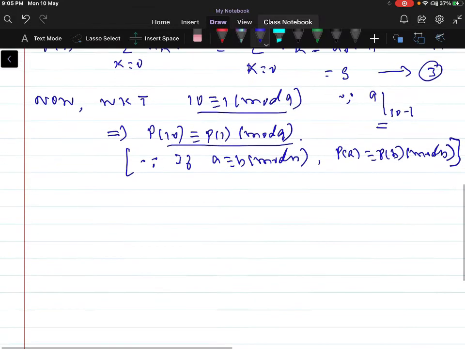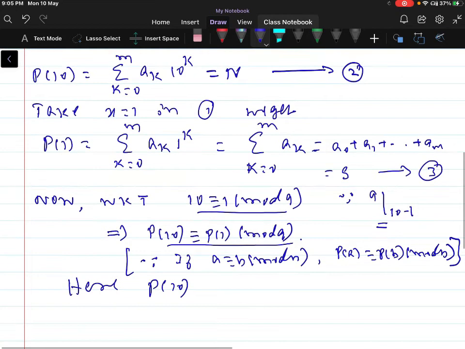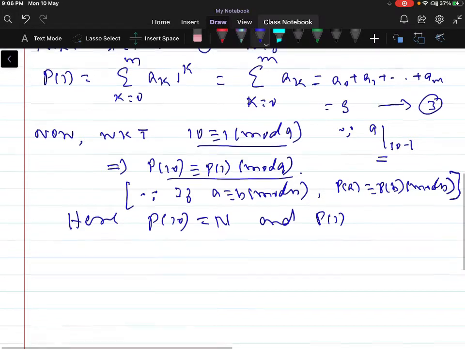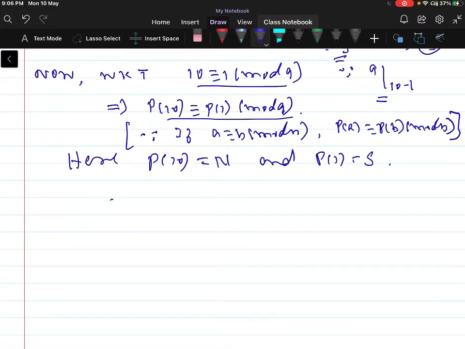So here p(10), using equation 2, is n, and p(1), from equation 3, is equal to s. So therefore p(10), nothing but n, is congruent to p(1), which is s, modulo 9.